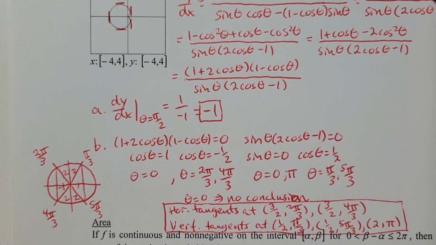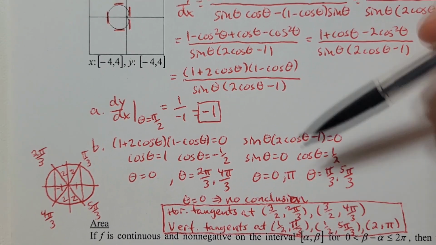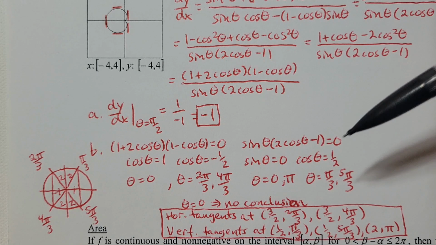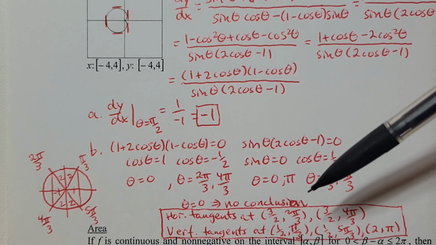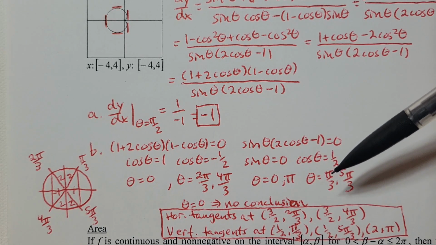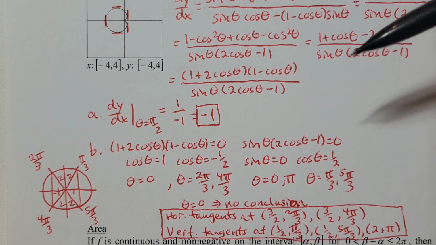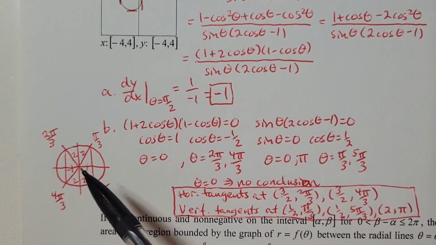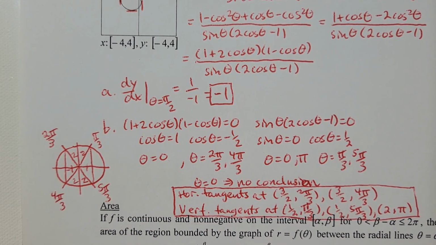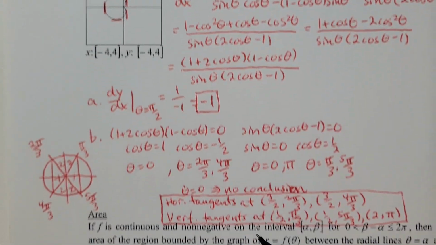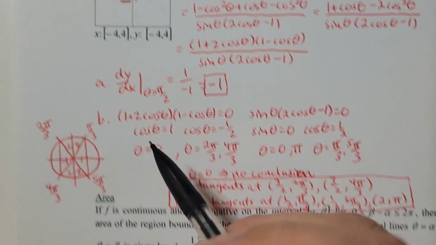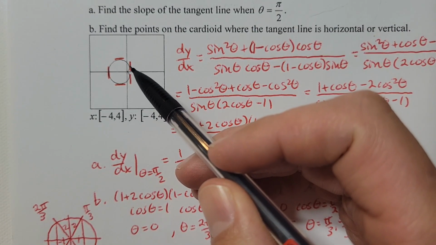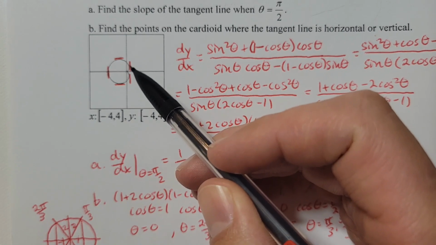Okay. We're going to have 3 vertical tangents. So let's see, where does that happen? Well, when theta is pi over 3, cosine of pi over 3 is 1/2. Okay, so 1 minus 1/2 is 1/2. So at 1/2, pi over 3, here's the pi over 3 radial line. If I go out a half unit and plot a point, that's where my first vertical tangent is going to be.